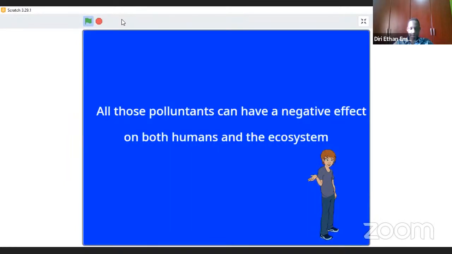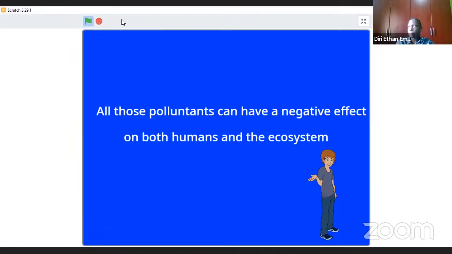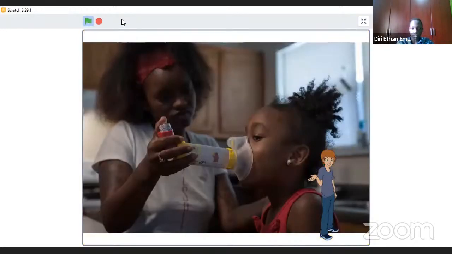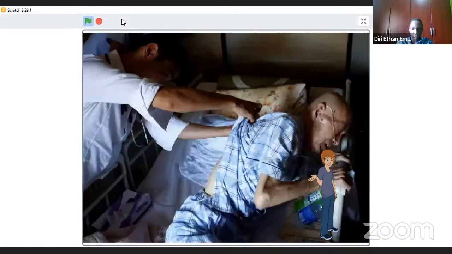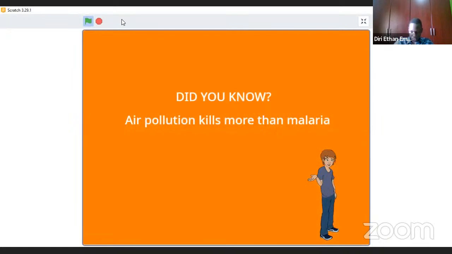All those pollutants can have a negative effect on both humans and the ecosystem. So you see, all these pollutants don't have a negative effect on only humans, but even our surroundings. Now on the human side, all these pollutants exposed in the air can lead to asthma, lung cancer, and even emphysema. Did you know air pollution kills more than malaria?